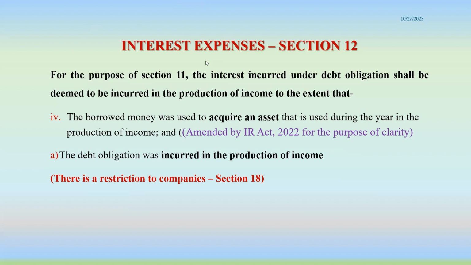In this provision, for the purpose of section 11, the interest incurred under a debt obligation shall be deemed to be incurred in the production of income to the extent provided.